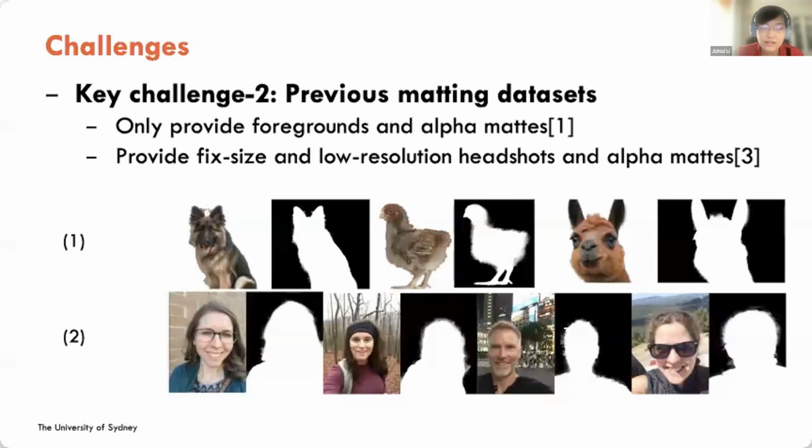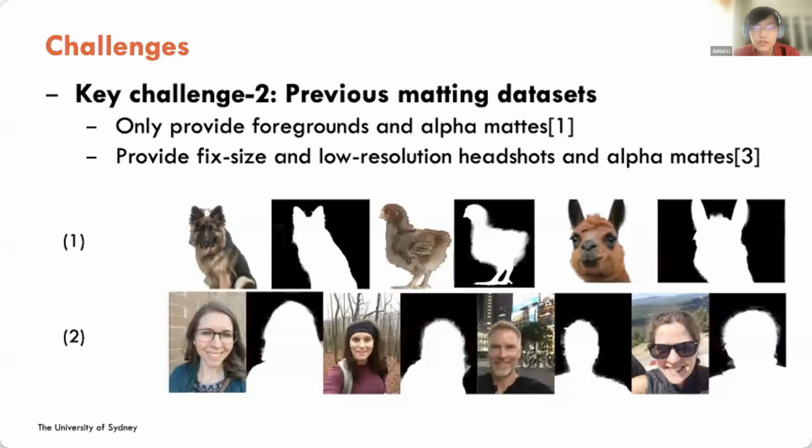Another challenge is that previous matting datasets are very limited. Some only provide the foregrounds and alpha mattes, and you need to generate the final training or test set by composition, which results in a lot of composition artifacts. I'll talk about that later.